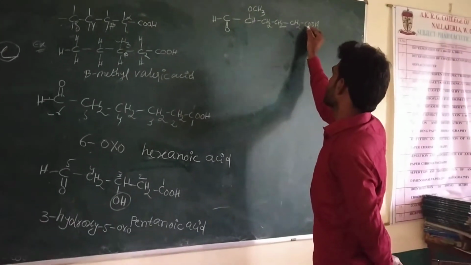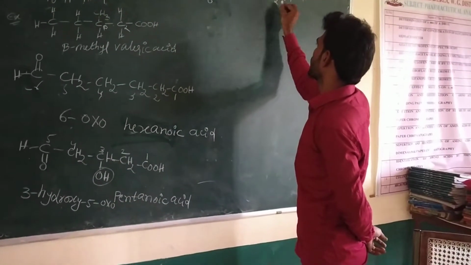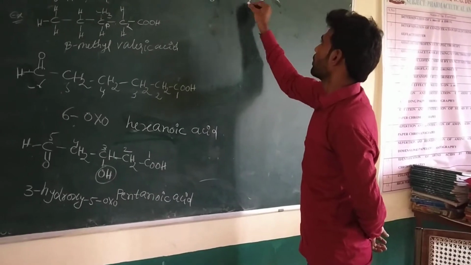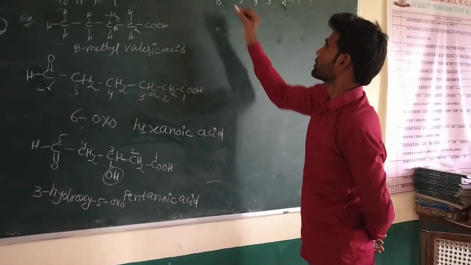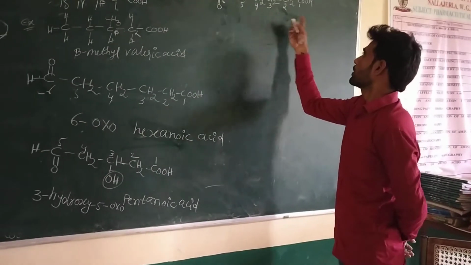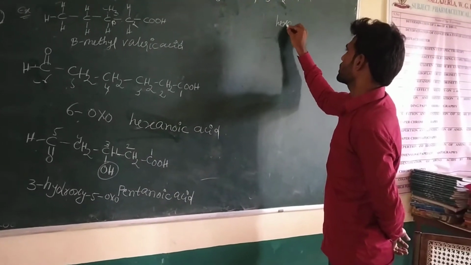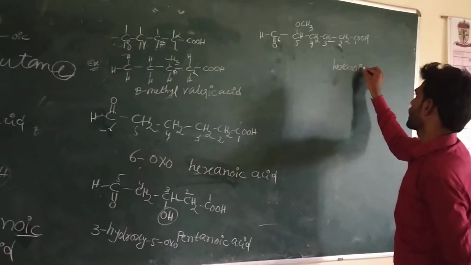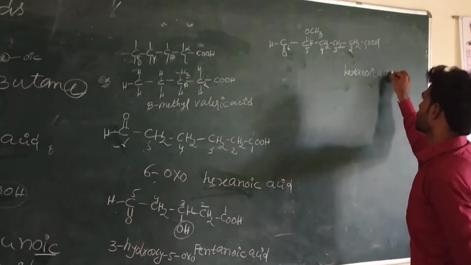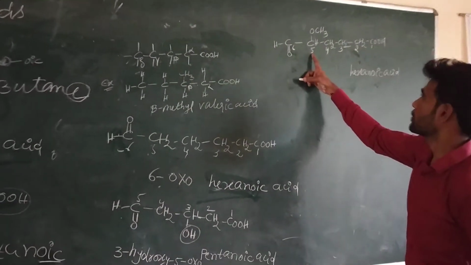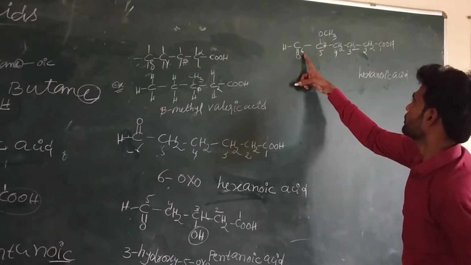Name of this compound, we should give the numbering 1, 2, 3, 4, 5, 6. It is a 6-carbon compound, so that's why it's a hexanoic acid. But we have the substituents at the 5th position and 6th position.